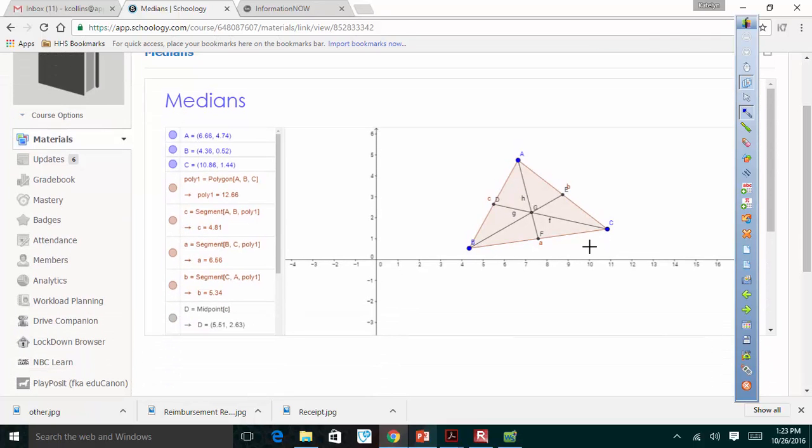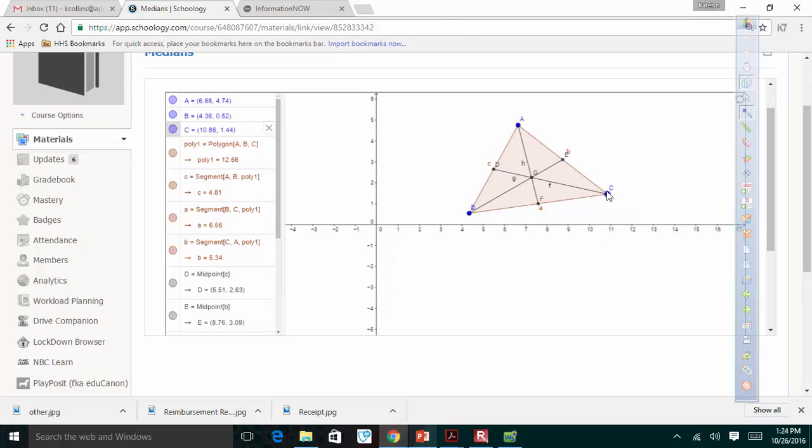Okay, so next let's look at median. Okay, so for a median, first we're going to do an acute triangle. So all the angles are less than 90. Is this triangle already an acute triangle? Yes, so where is the center when it's acute? Inside. Okay, what about if I take C and drag it and make A a really big angle? Where's the center? It's still inside.